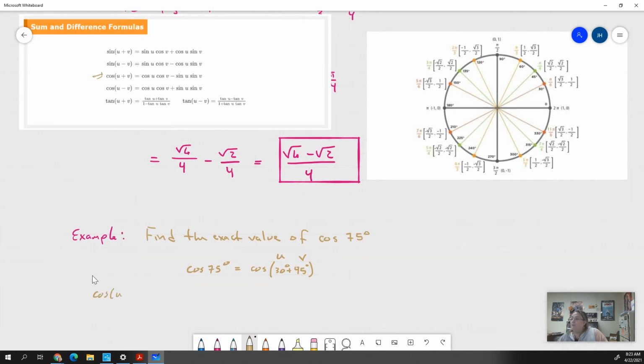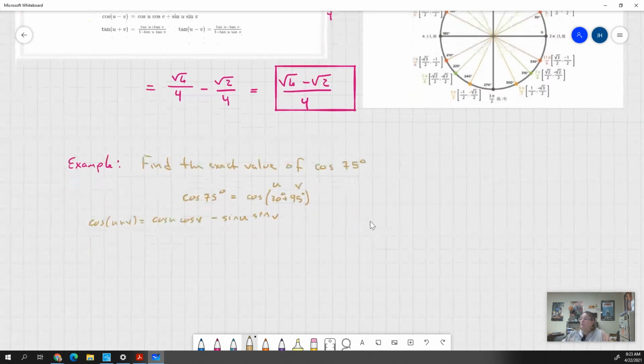Cosine of u plus v equals cosine of u times cosine of v minus sine of u times sine of v, right? So we can look at those now and know what they are.